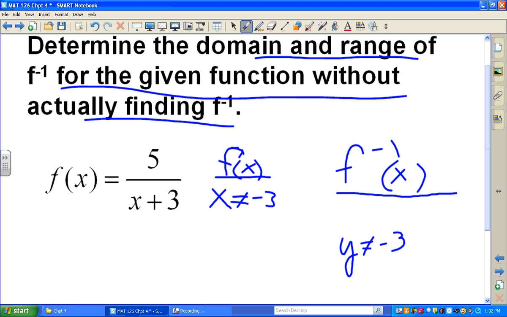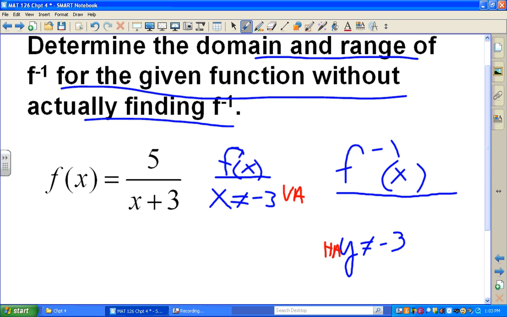Halfway there. Wait a minute. This equates to the vertical asymptote, doesn't it? This equates to what? A horizontal asymptote, doesn't it?